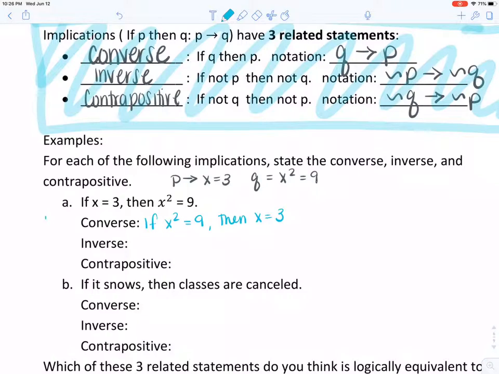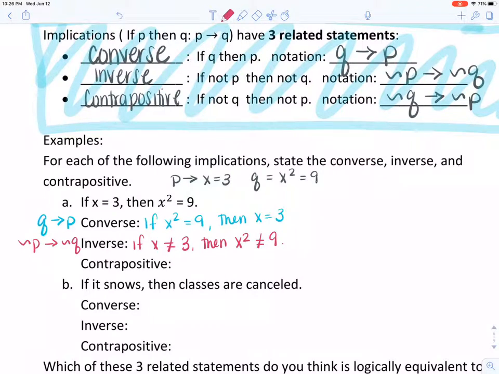The next one, the inverse, is if not P, then not Q. For this example, it would be if x does not equal 3, then x squared does not equal 9.